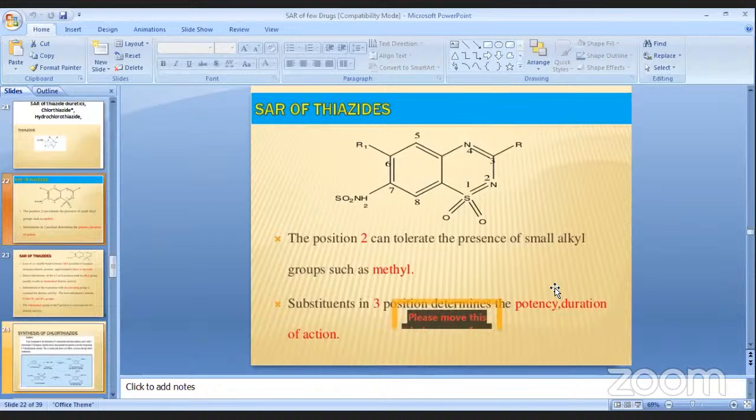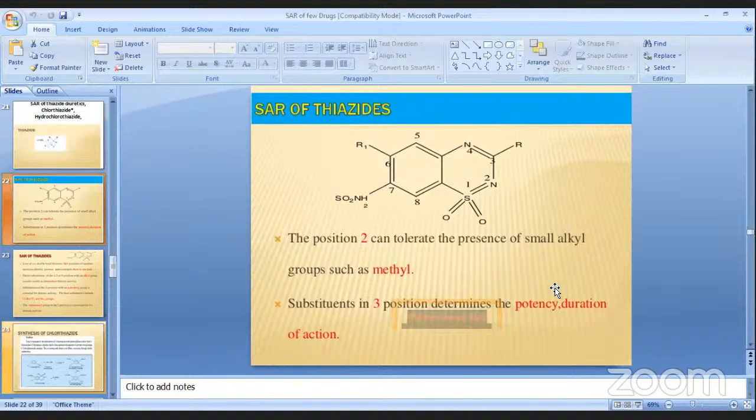So in one position, sulfur or sulfoxide group is very much important. And if you change this sulfur to nitrogen, oxygen or carbon, there will be a decrease of the activity, but more or less activity will be there.